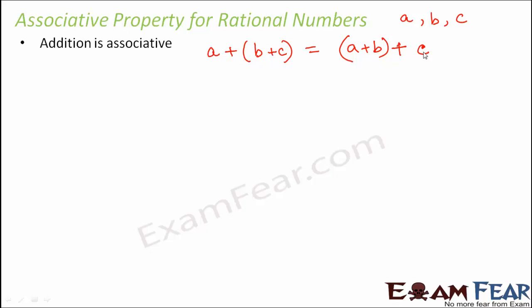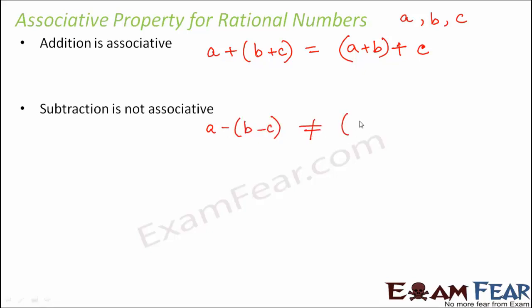So addition is associative, but when it comes to subtraction, it is not associative. That is, A minus (B minus C) is not equal to (A minus B) minus C. This is not equal, because when you subtract rational numbers, they are not even commutative, as we saw. So basically the value changes the moment you change the order.